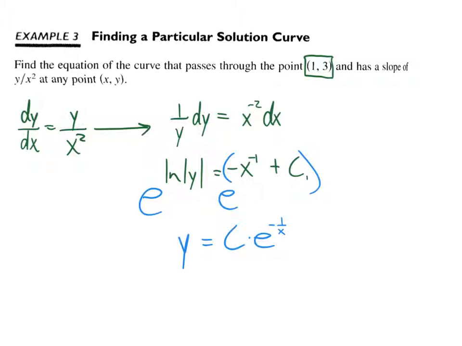Okay? So that's a general solution for a function that will have a derivative equal to y over x squared.